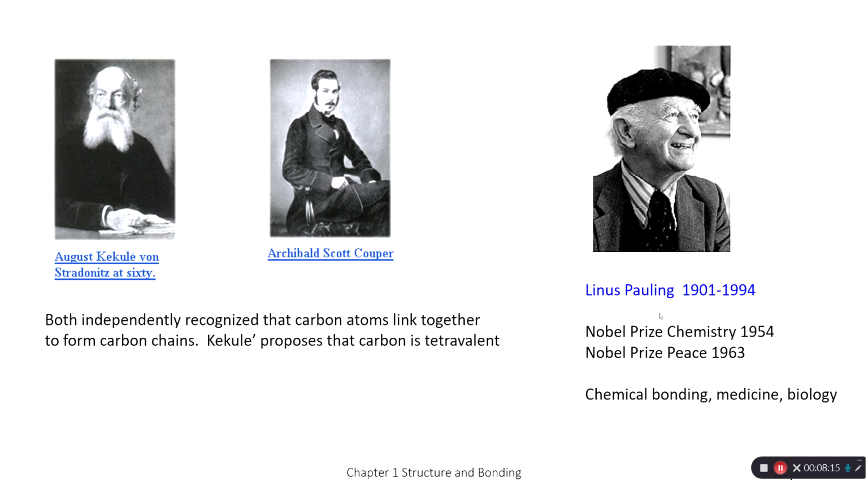But he is involved in the study of chemical bonding and how it relates to medicine and biology. You may have come across Pauling in another context, and we're going to be talking about his proposal of electronegativity of the periodic table. And so Pauling plays a really important role in organic chemistry.